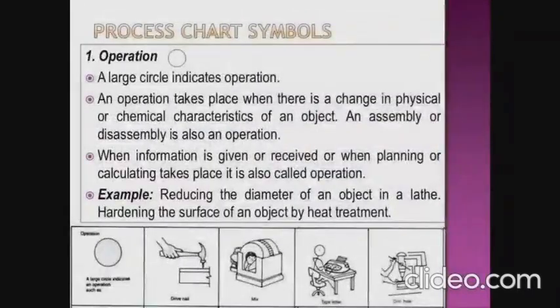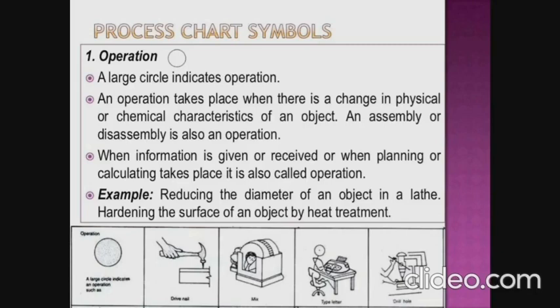The first symbol is operation. First point, a large circle indicates operation. Second point, an operation takes place when there is a change in the physical or chemical characteristics of an object. An assembly or disassembly is also an operation. Third point, when information is given or received, or when planning or calculating takes place, it is also called operation.